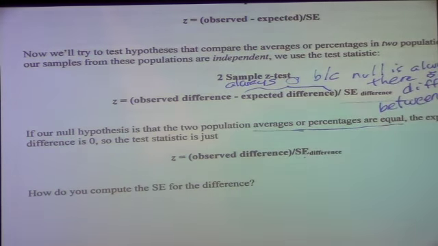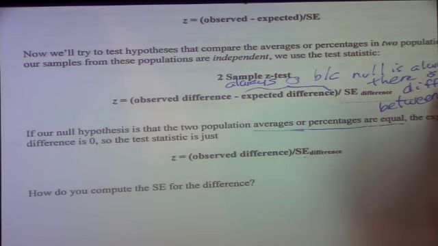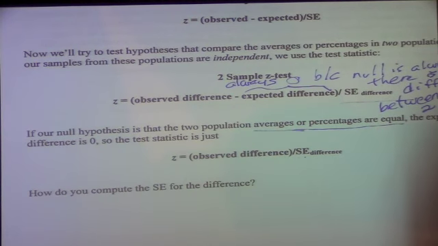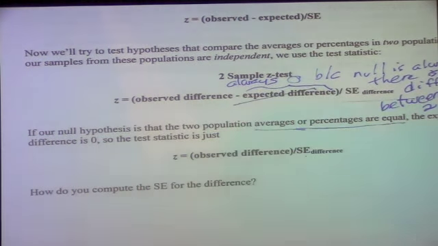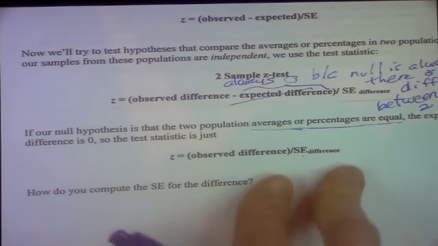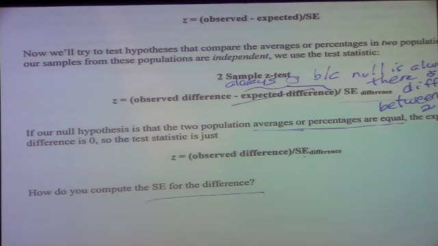We just happen to see a difference in our little sample. So it boils down to this: since this is 0, it's really easy. It's just the difference we see over the standard error for the difference. How do you compute this standard error for the difference? That's the only new thing here.